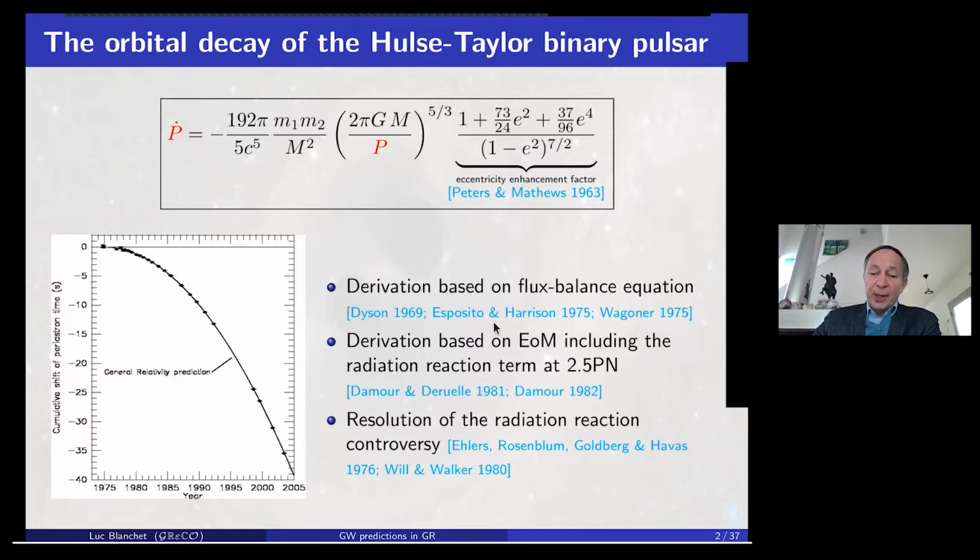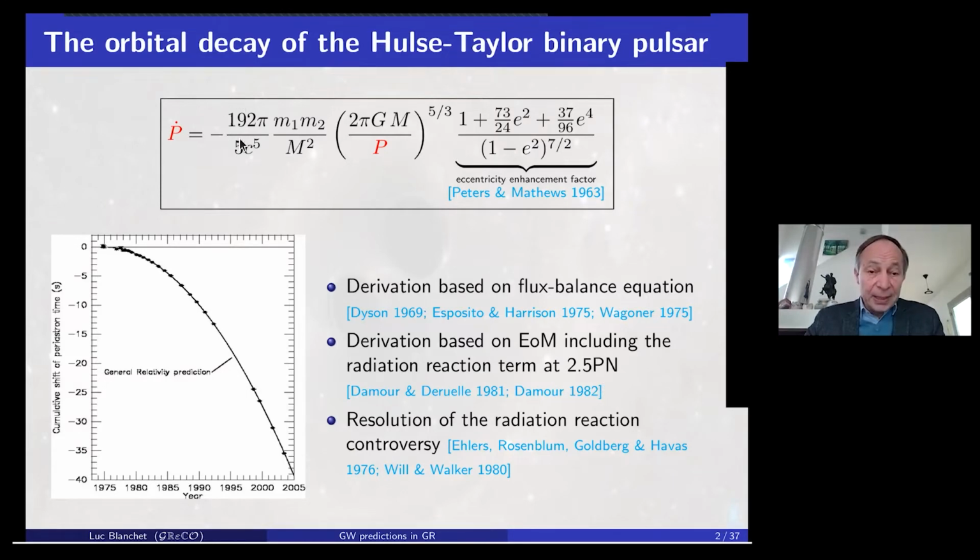But there is also another derivation which is based on equations of motion. For that derivation, you have to include the full information of the radiation reaction force, and it occurs at the leading order corresponding to the quadrupole formula, which is 2.5PN order, 1/c^5.